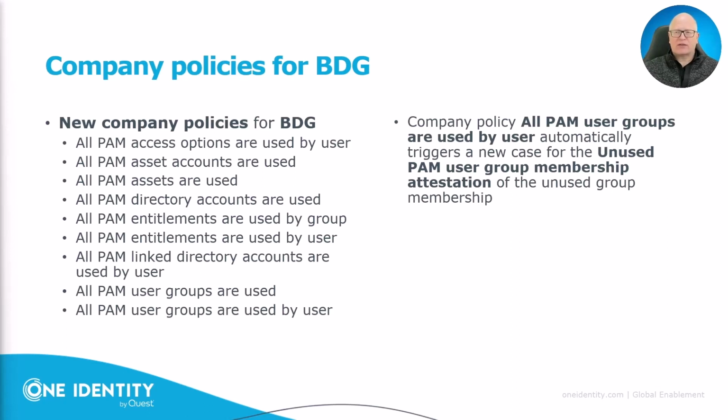On the right-hand side of that same slide, you see a very specific company policy: all PAM user groups are used by user. And this is important, especially because an automatic removal of memberships is part of the story. Out of the box, it is configured in a way that if a member falls out of that policy, that means a violation, then the memberships automatically get removed.